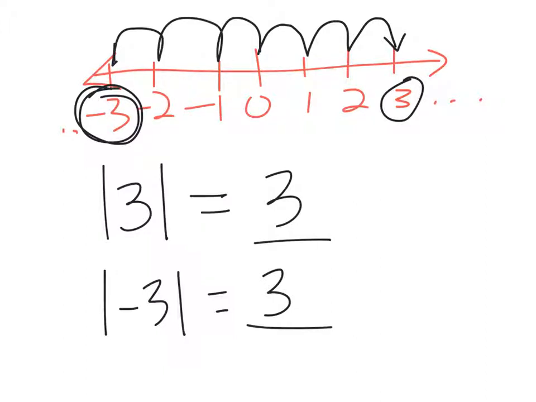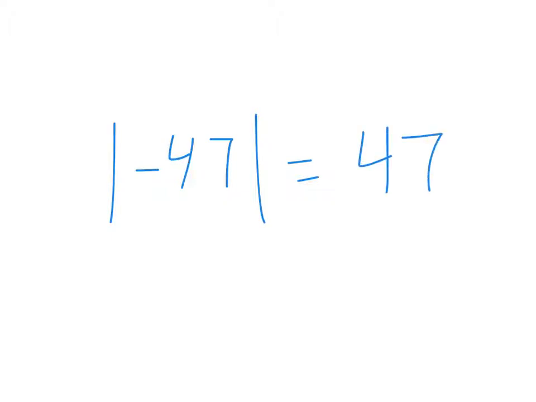So if I asked you guys then for the absolute value of, I don't know, let's say -47, then if we were to actually count from 0 on the number line how far away -47 is from 0, it would be 47 spaces.